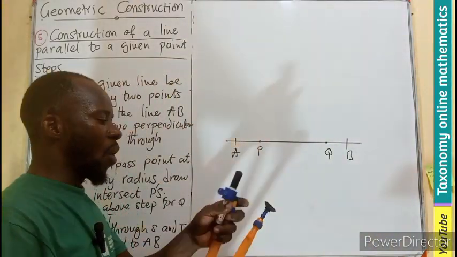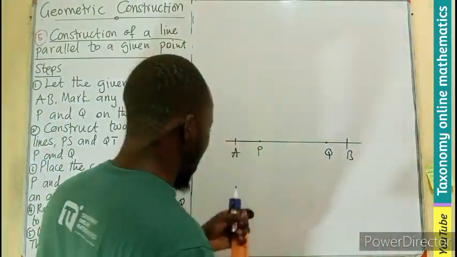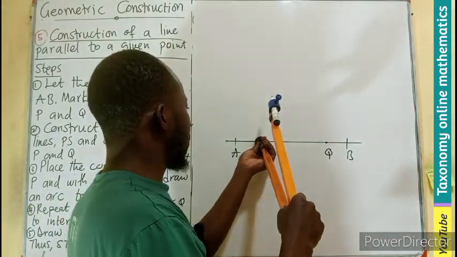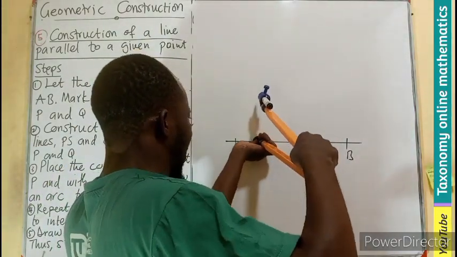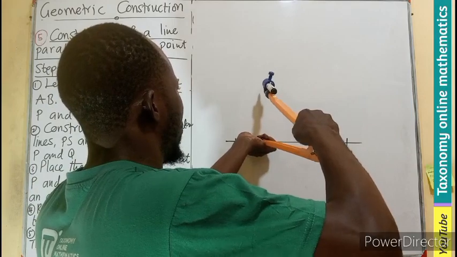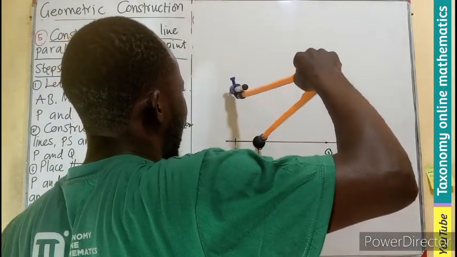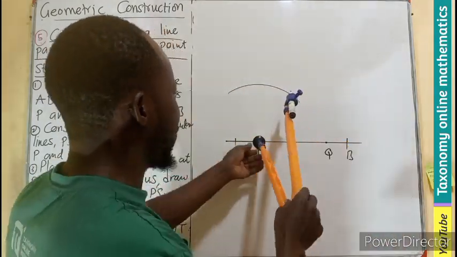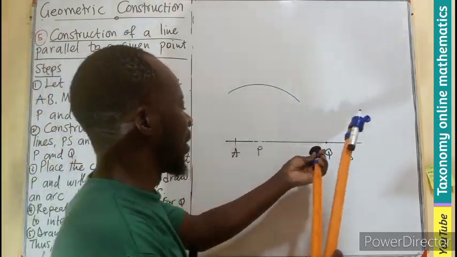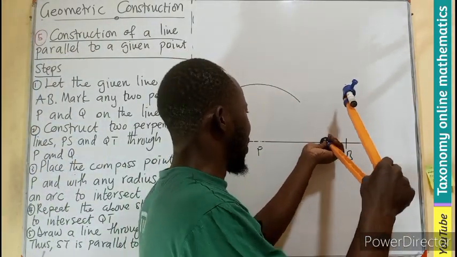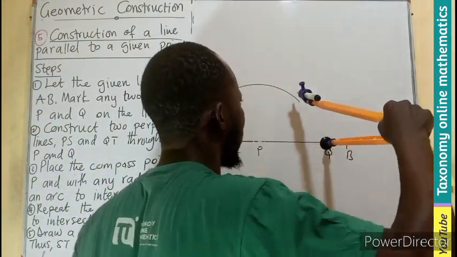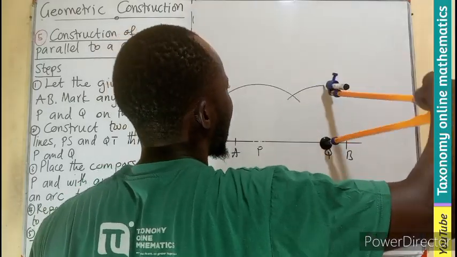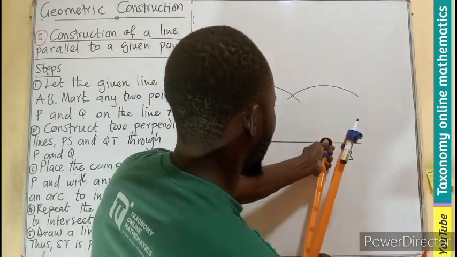Now standing on both P and Q, open any radius, making an arc, preferably in the form of a semicircle, and do the same from the point Q, making another arc in the form of a semicircle.